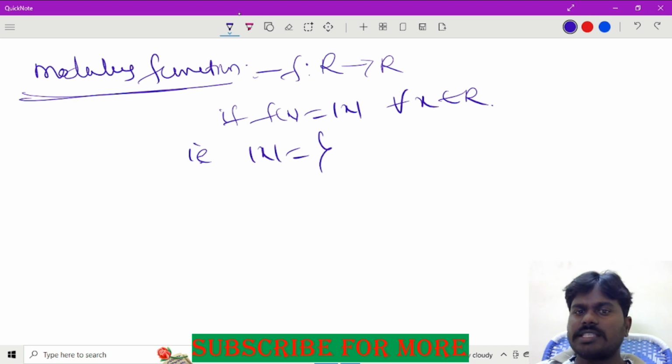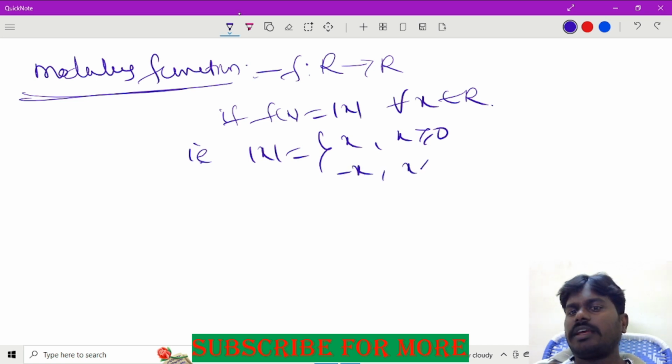That means mod x equals x whenever x is greater than or equal to 0, and minus x when x is less than 0. So here when x values are negative, the negative of the negative will become positive. So that is the modulus function.